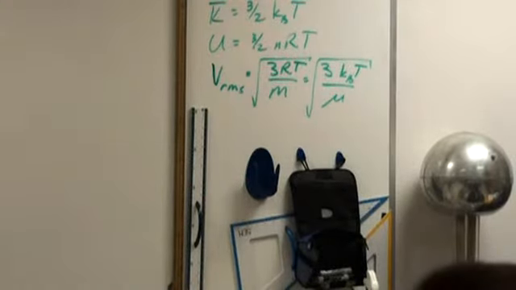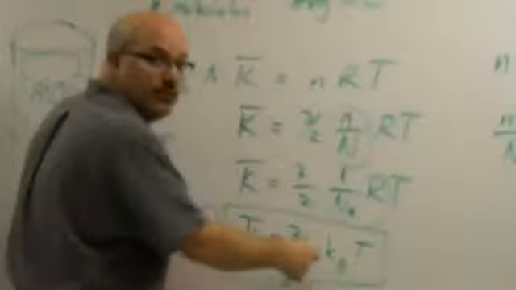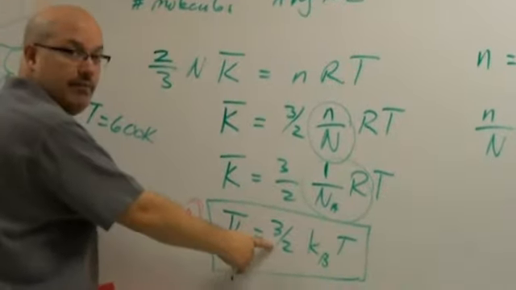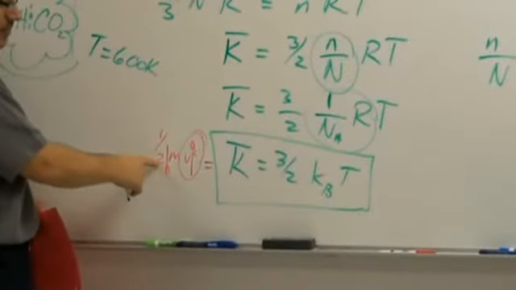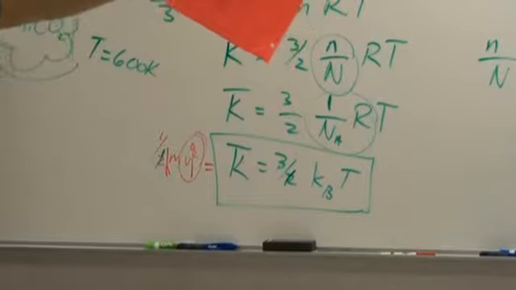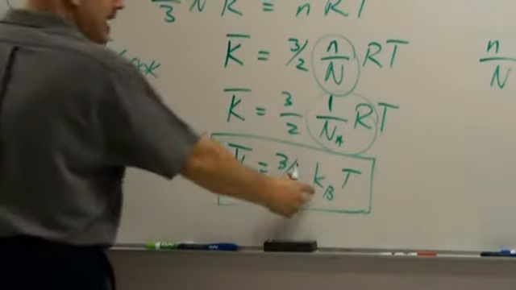Do you see this over here, where we said the average kinetic energy equals this? If I move this 2 to the other side, this 1/2 and this 1/2 cancel, which accounts for our 3 in the equation. When I move the mass to the other side, you see that the mass goes to the denominator.